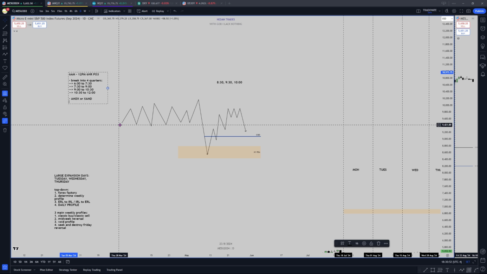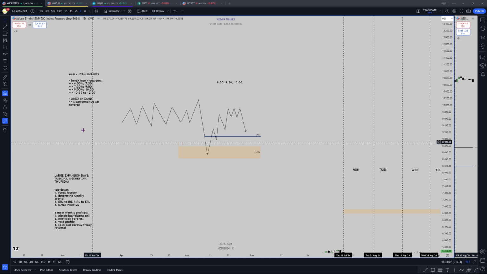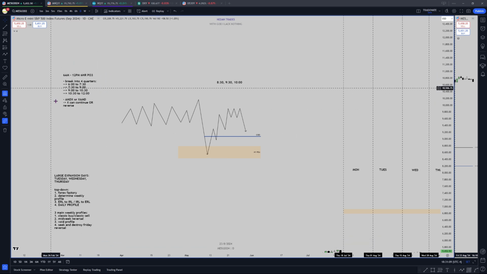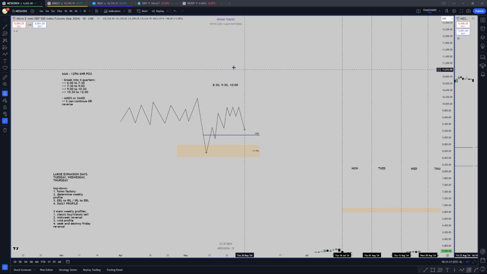You know what AMD is, that's just power 3. What X is, is very important because it can either continue or reverse. So if we take each one of these times and we apply AMDX or XAMD to each one of them, it lines up with these key times.